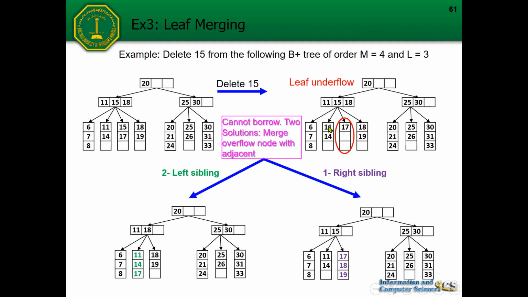This is from this value. 15 previously was from this value. And 18 previously was from this value. But in this case, we remove the 15. So the 17 is promoted to replace the position of the 15. But now we didn't update the value of the 15 to become 17.